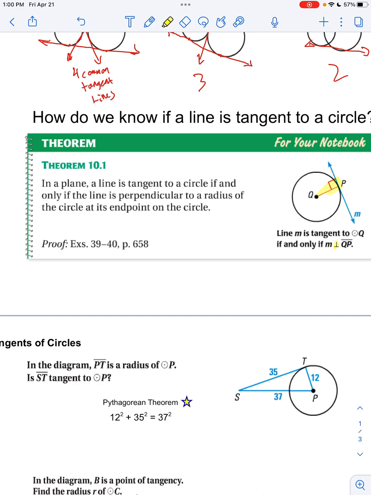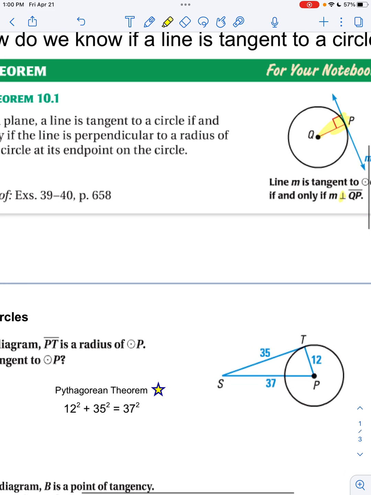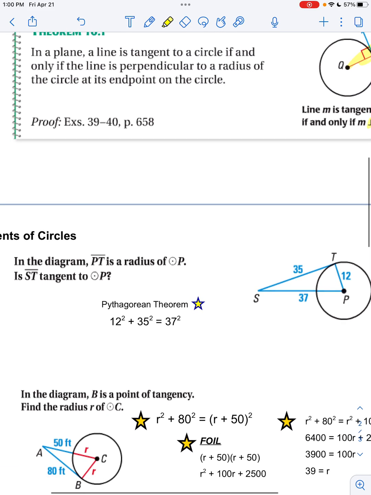In the diagram, PT is a radius of P. Is ST tangent to P? If it's tangent to P, then we know that we have a 90-degree angle here.